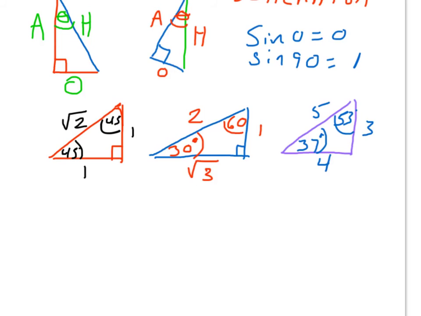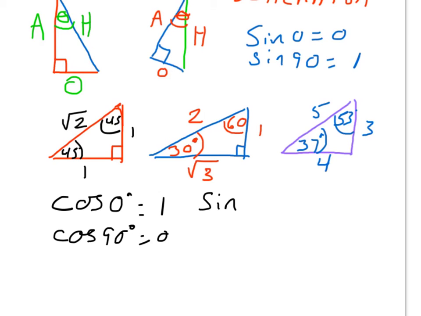You should all know that the cosine of 0 degrees is 1. The cosine of 90 is 0. You should all know that the sine of 180 degrees is -1.